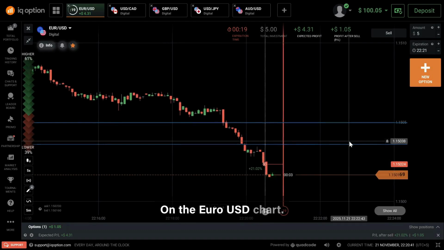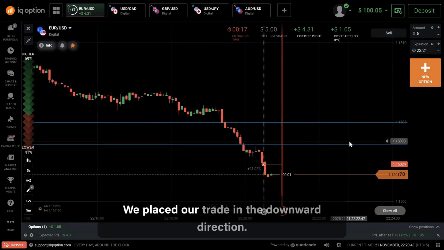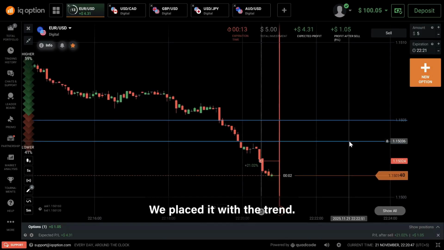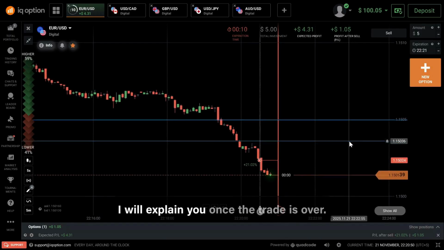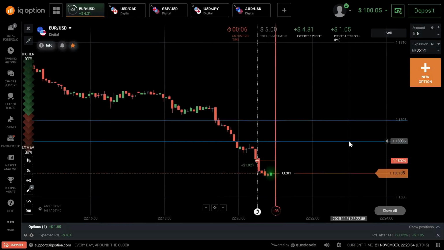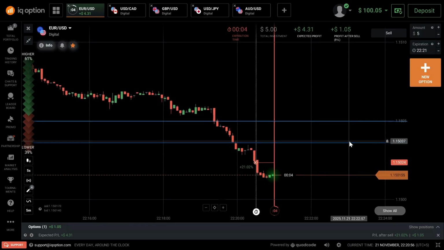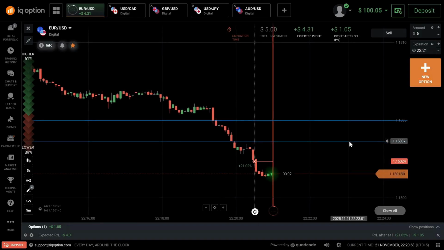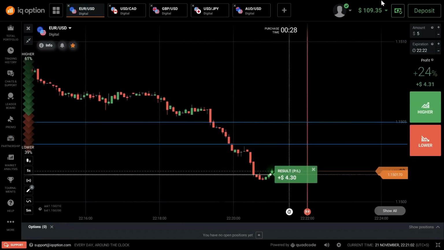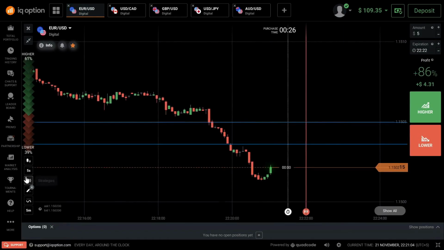On the EUR/USD chart, we placed our trade in the downward direction. We placed it with the trend. I will explain once the trade is over. We won our trade.